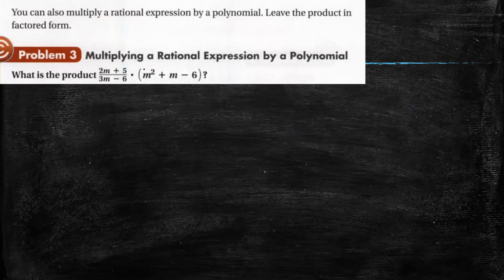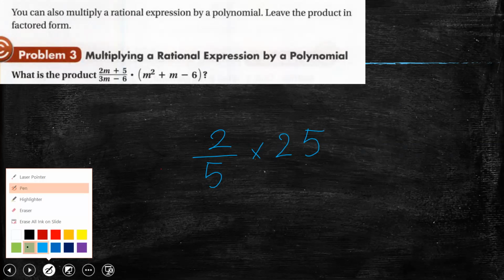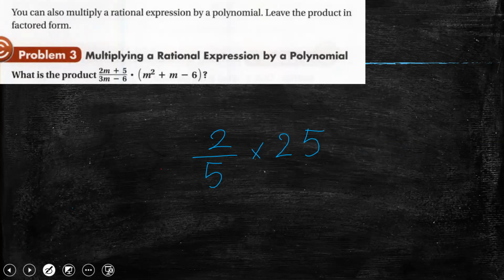Now let's remember that if you have 2 over 5 times 25, what did you do first? Put 25 over 1, the reciprocal. I will multiply 2 with 25, which is 50 over 5. Simplify, which is 10.